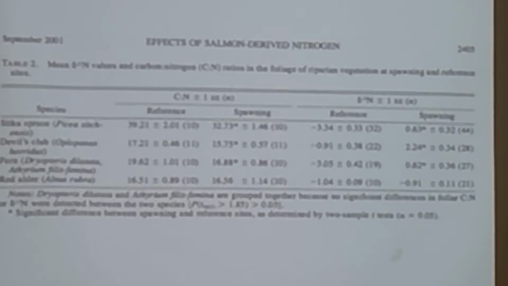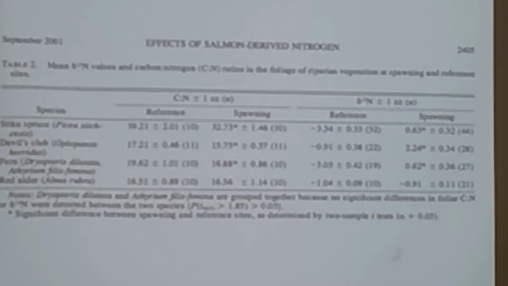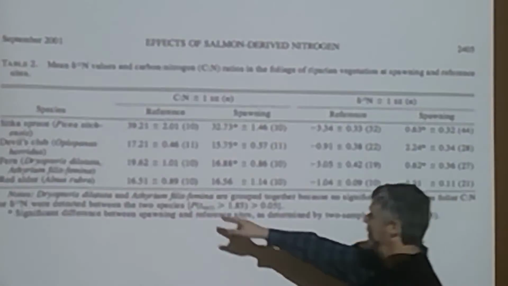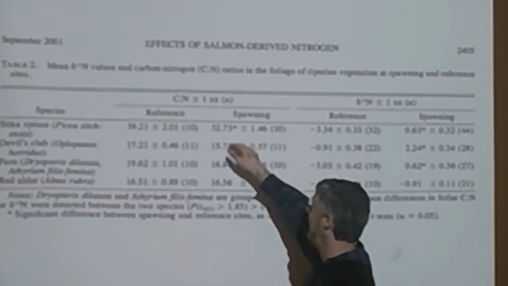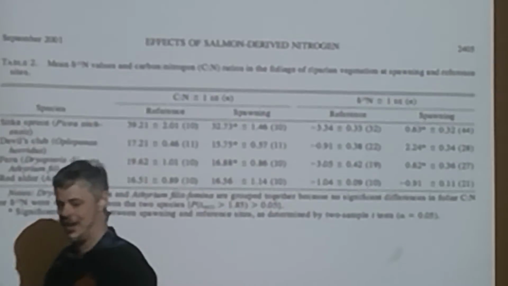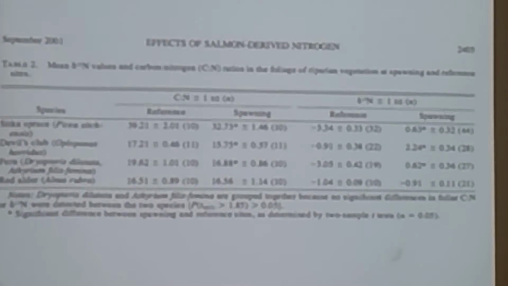They're looking at the leaf chemistry, so they're looking at the nitrogen content of the foliage in that Sitka spruce in areas next to streams with and next to streams without salmon. Yeah. There's a significantly lower carbon to nitrogen ratio. Okay. We're going from 39 to 32. We got a little asterisk here, which tells us a significant difference. All right, so what do you think that means? How do you interpret that?